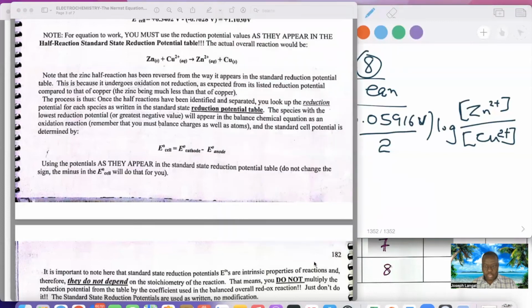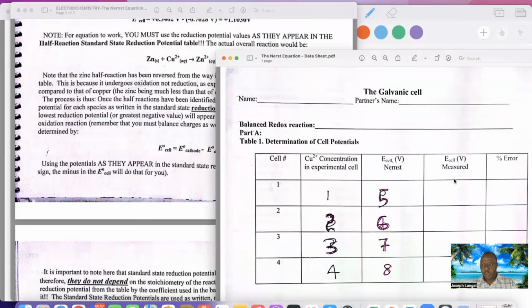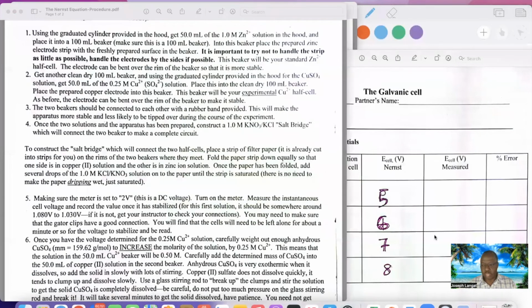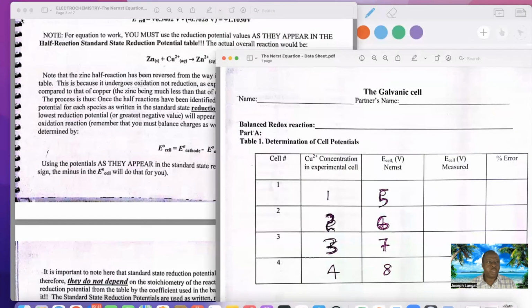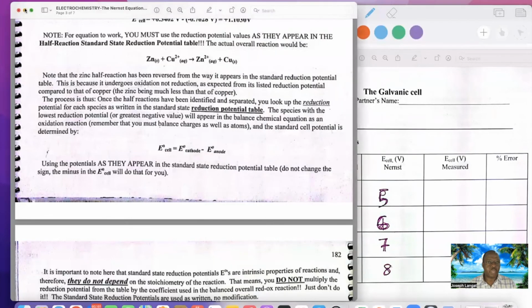And then here, for percent error, it's under calculation. Let me see, where is my calculation? Let me just minimize this right here.